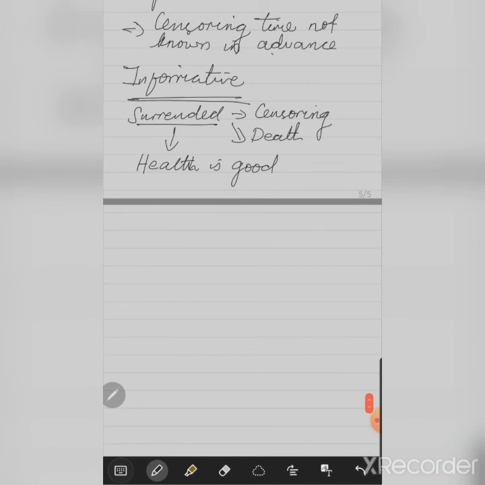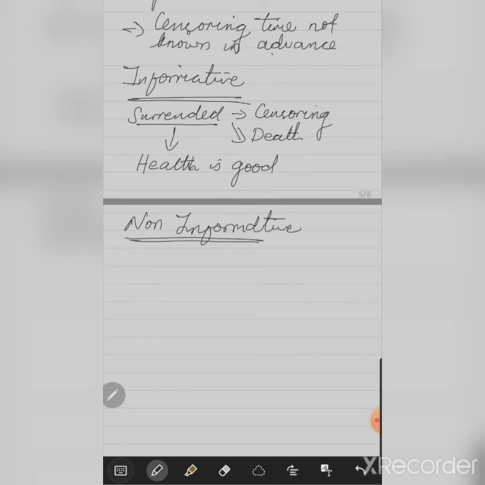Whereas in other cases, where we derive no such information or conclusions, we go ahead with a non-informative kind of censoring.